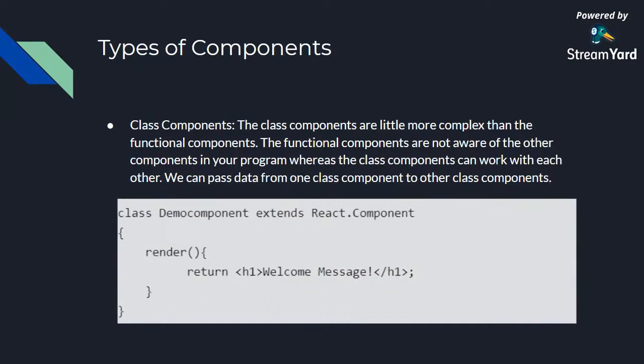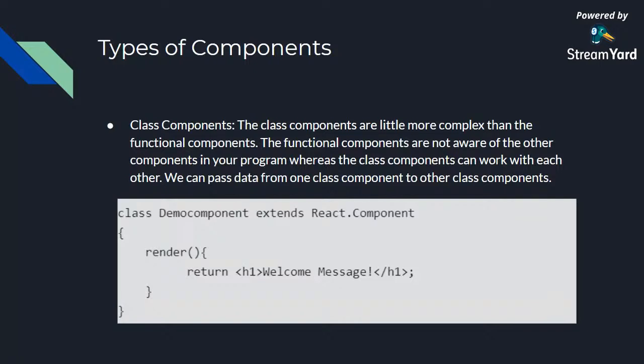The second type of component is the class component. Class components are a little more complex than functional components, because class components have the ability to communicate with other components as well. And they also return HTML, mind you. It does all the things that a functional component does, but a class component does more.